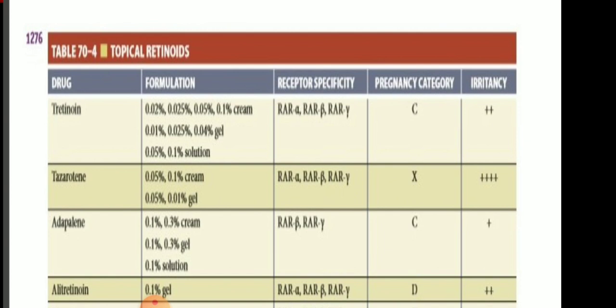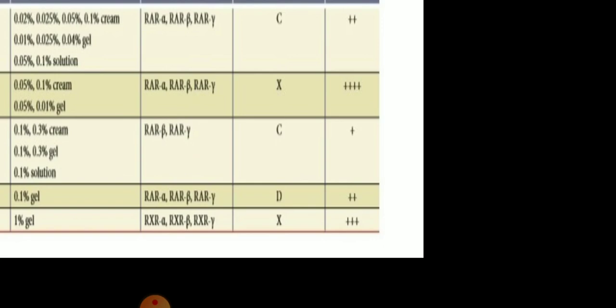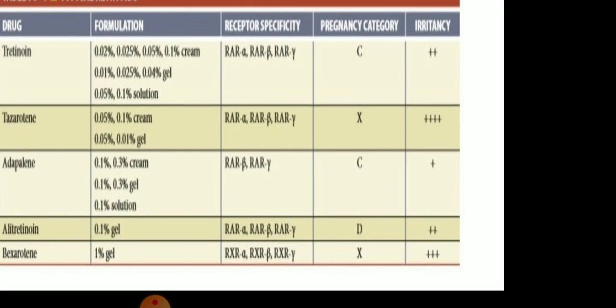That means it should not be used during pregnancy or even ideally be avoided in patients. The other groups belong to either D category or X category. So in pregnancy it's better to avoid this kind of preparations.